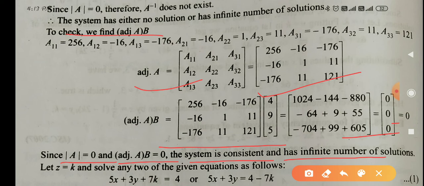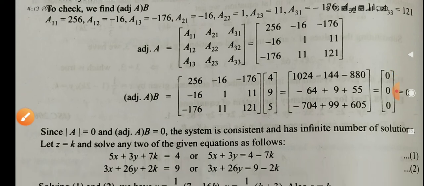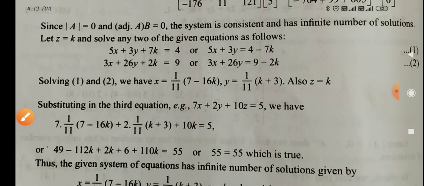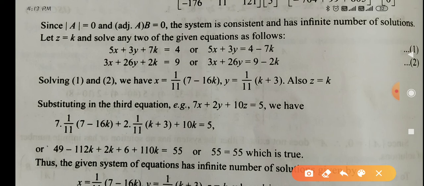Now, how can we find those solutions? For this, students, listen carefully and pay attention here. To find infinitely many solutions, you can take variable z, or variable x or y also, but for convenience you take variable z as k, and solve any two equations, meaning in any two equations you put z equals k.